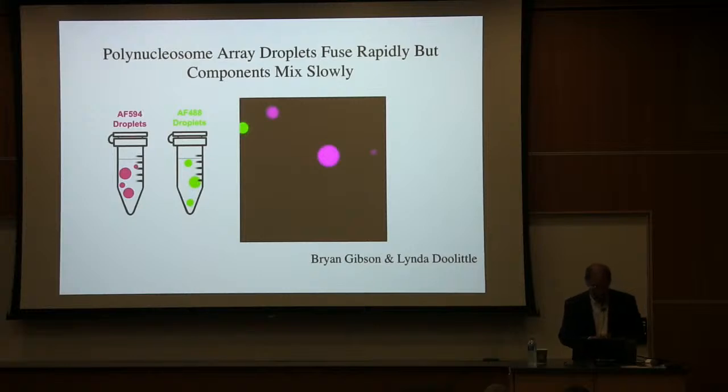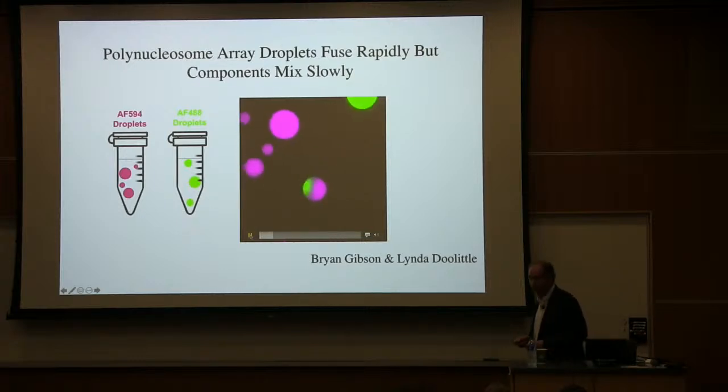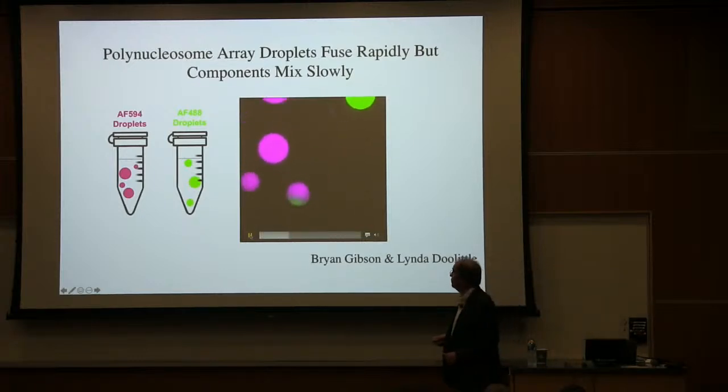We can also assess the dynamic properties, the liquid-like properties here, by making 2 solutions of droplets, one labeled red, one labeled green. And if we mix them together, you can see what happens. We can see very rapid fusion of the different colors.